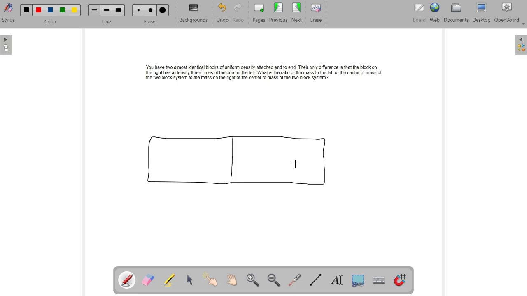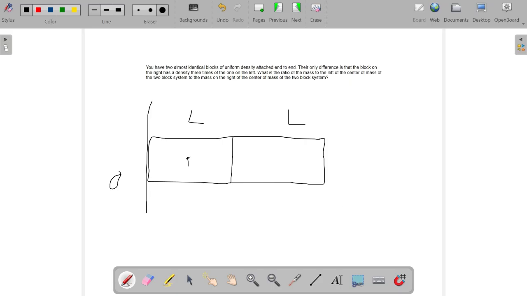And so for this, we could define any point along this as our origin. As I said before, it doesn't matter. I'm just going to set here to be the origin because that's just the most basic thing to do. So 0, and they are of length L. Here, the center of mass of this block, the center of it, because as I'm sure you could guess, the center of mass of a block of uniform density is just going to be at the very center of the block.